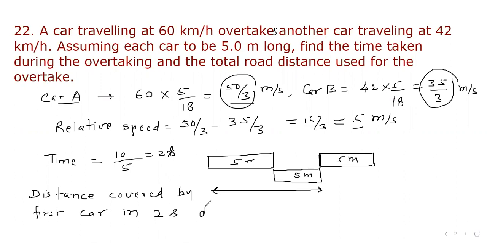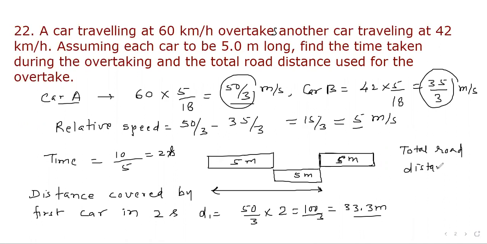So suppose this is D1, it is 50 by 3 into 2, that is 100 by 3, which is equal to 33.3 meters. And here the question says, what is the total road distance used for the overtake? So this 5 meters is to be added to get the total road distance. So total road distance will be equal to 33.3 plus 5, that is 38.3 meters.